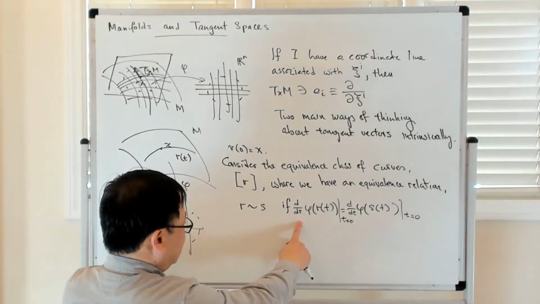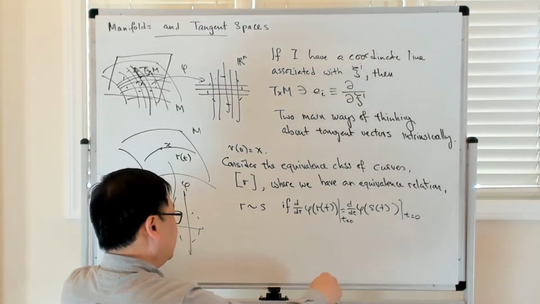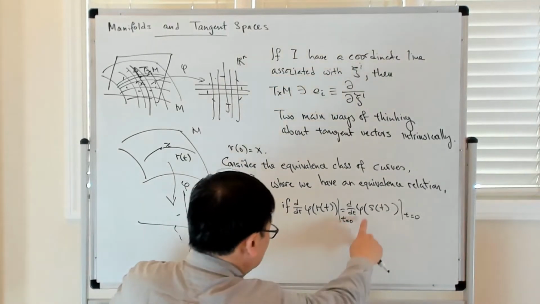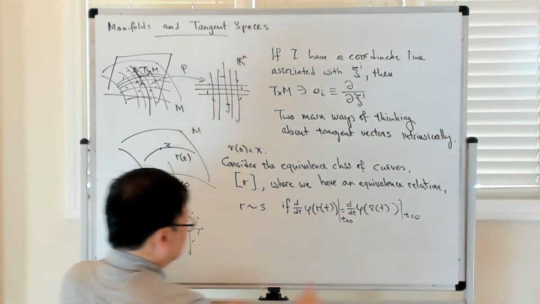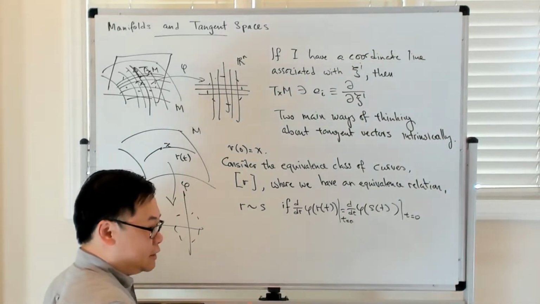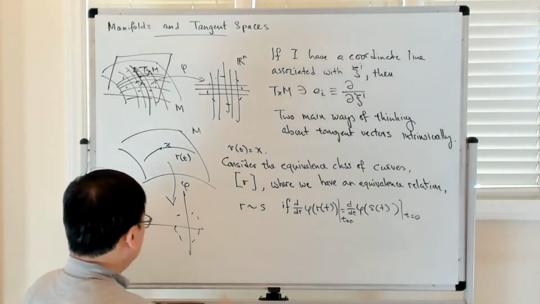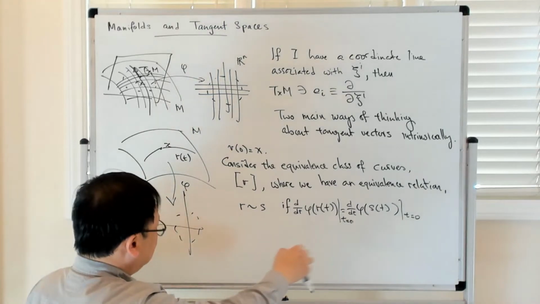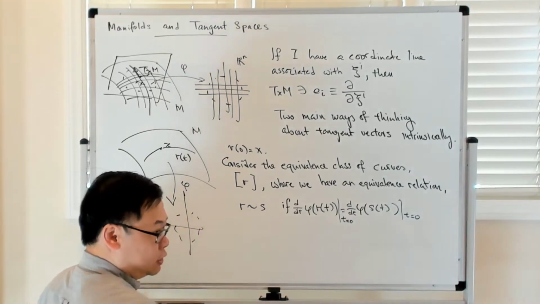I can differentiate that in the usual way with calculus and evaluate it at t equals 0, and do the same thing with the other curve. So if those two curves have tangents at the level of the coordinates which are equal to each other, then R is equivalent to S.